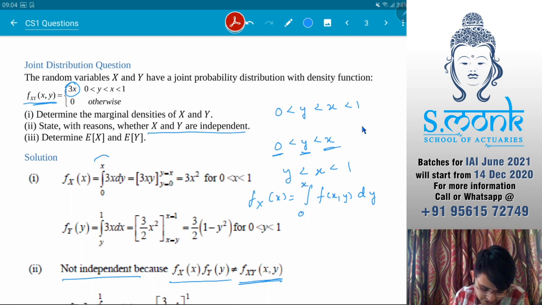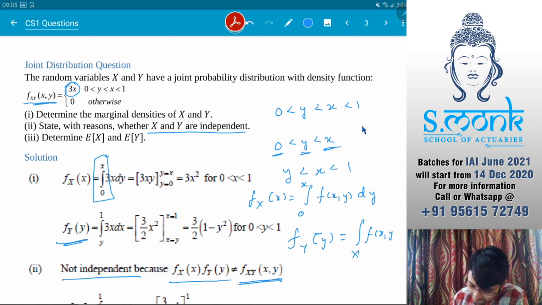That is what you are seeing here. For finding the marginal of y, f of y would be the integration of the joint distribution for all values of x, and that makes the limit of x from y to 1. So I'll be putting y to 1.